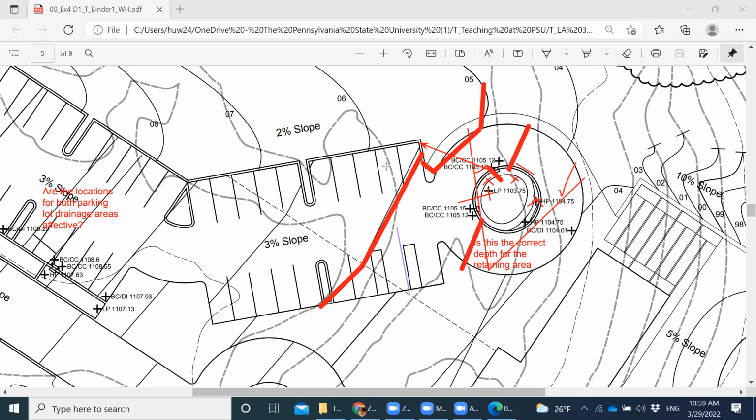We changed the contours to be like that. And your curb cut will be somewhere here and there, somewhere here in order to capture a lot of water. Okay. Let's take a look at one more thing over here.